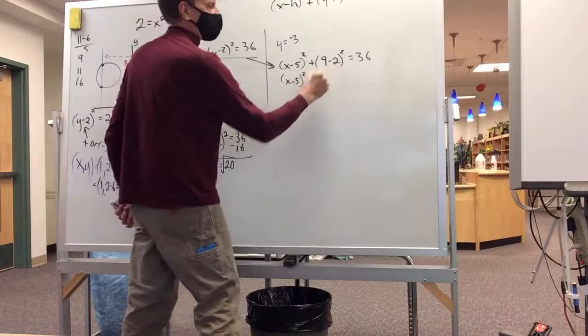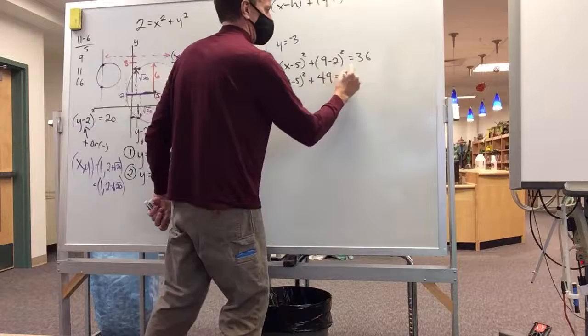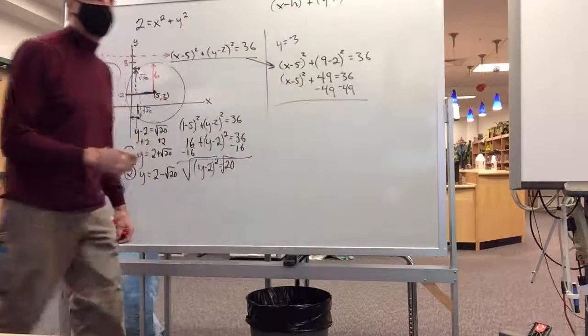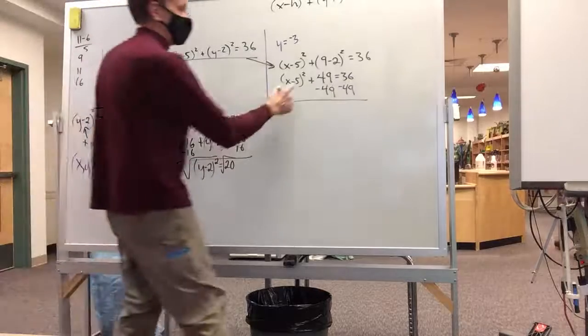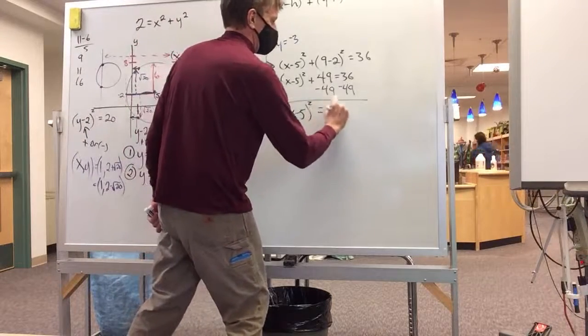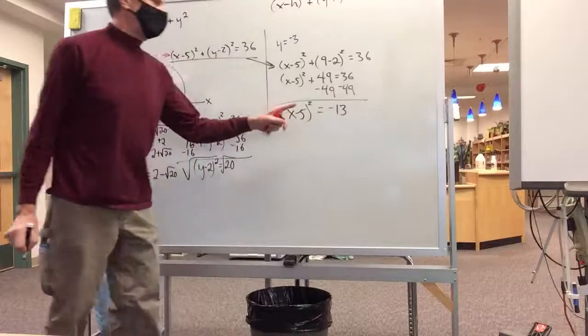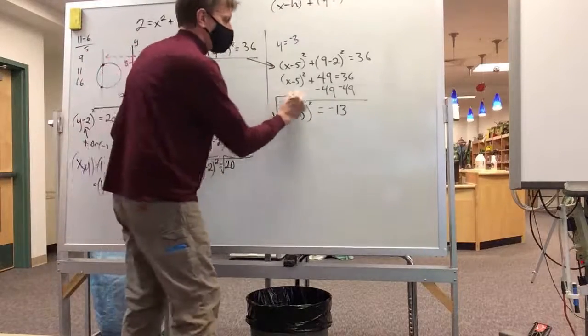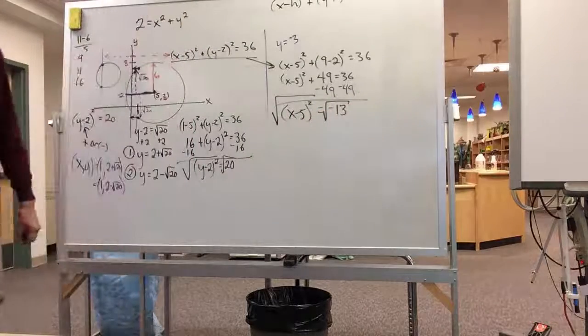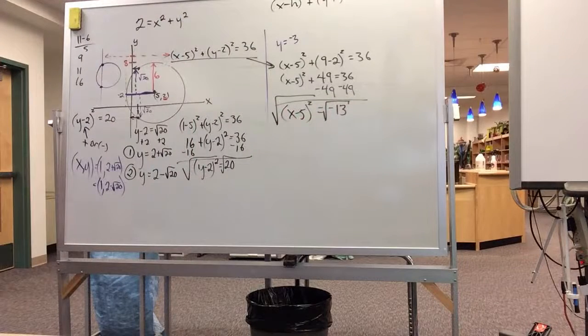That's 7 squared, which is 49. When you subtract 49, you have to trust your algebra, and this is equal to negative 13. And if you ask what's the square root of that, it's the square root of a negative 13. We don't know how to do that. Therefore, no solution.